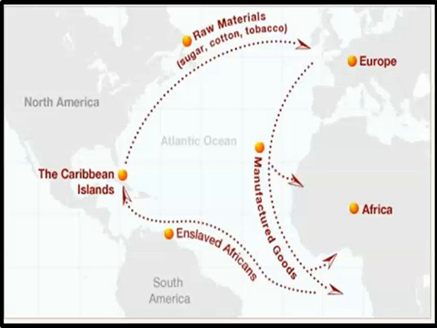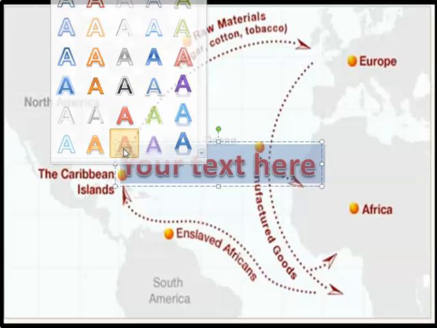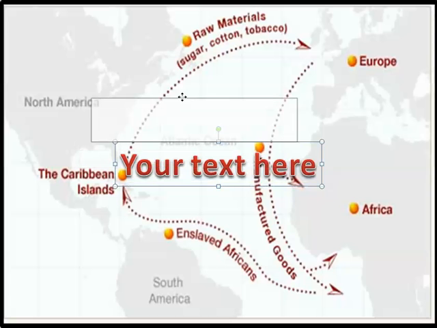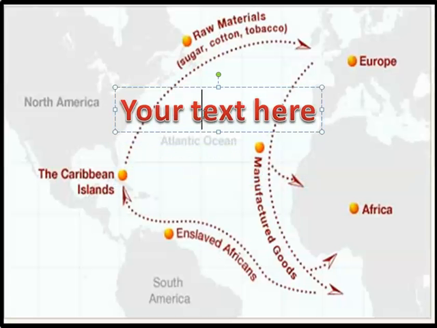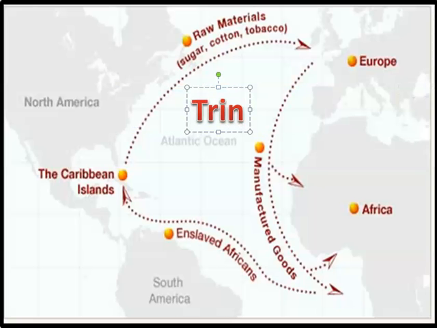So we have this map of transatlantic trade, or triangular trade, and we could label this map. There's the Atlantic Ocean. We could label this map triangular trade.